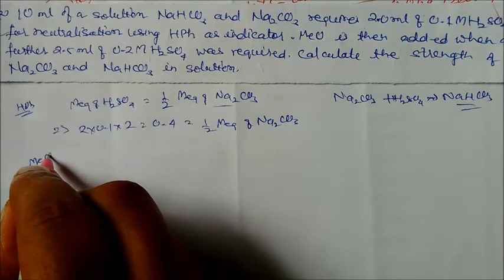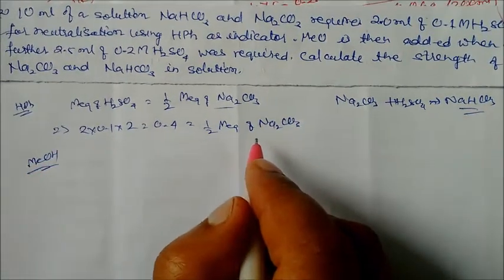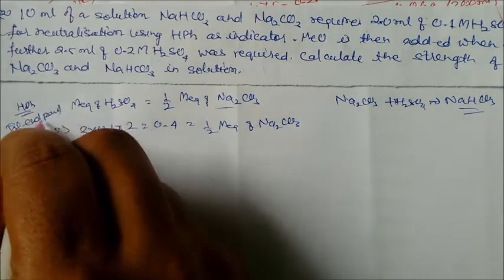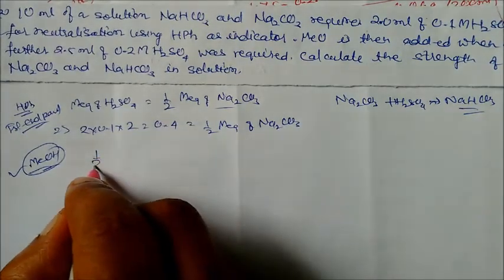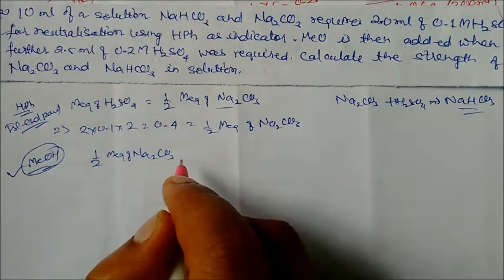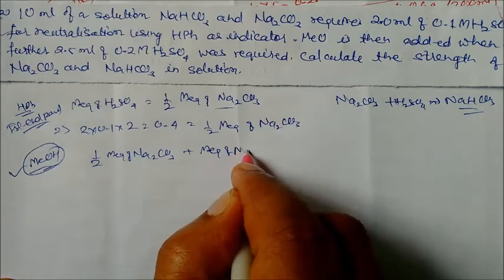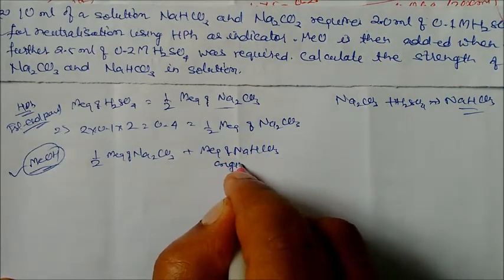Now second, after this first endpoint, for the second endpoint we have to use methyl orange. So here again half of milliequivalent of sodium carbonate will react, plus milliequivalent of sodium bicarbonate, which is from the original solution.